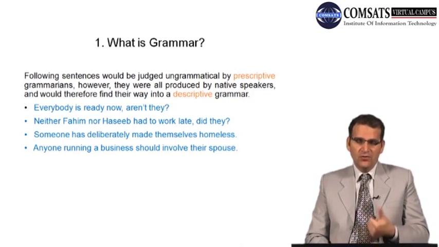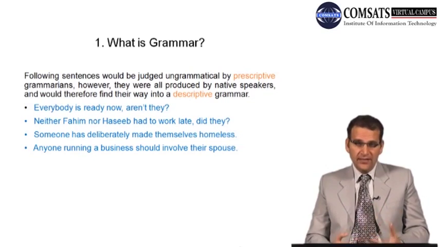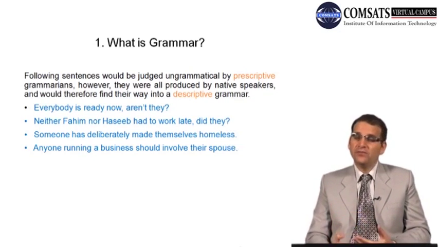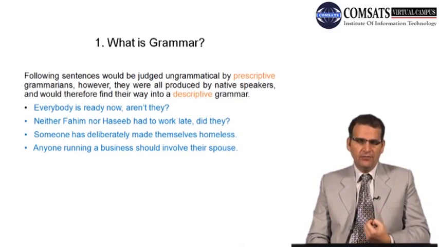Is that clear? Because we are referring to only one person, whereas these sentences are accepted. Native speakers have accepted these sentences as grammatically correct. So these sentences fall under which category? Descriptive grammar. Students, you understand?